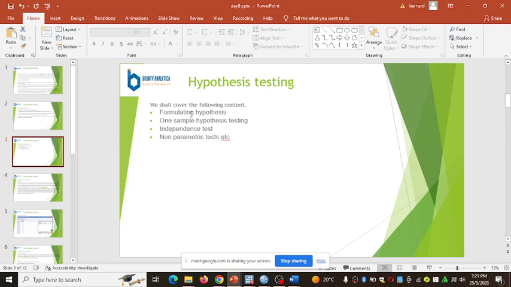Or one tail, either greater than or less than. So it specifies the direction of the expected effect. For example, the average score of group A will be higher than the average score of group B. That is a one-tailed hypothesis.